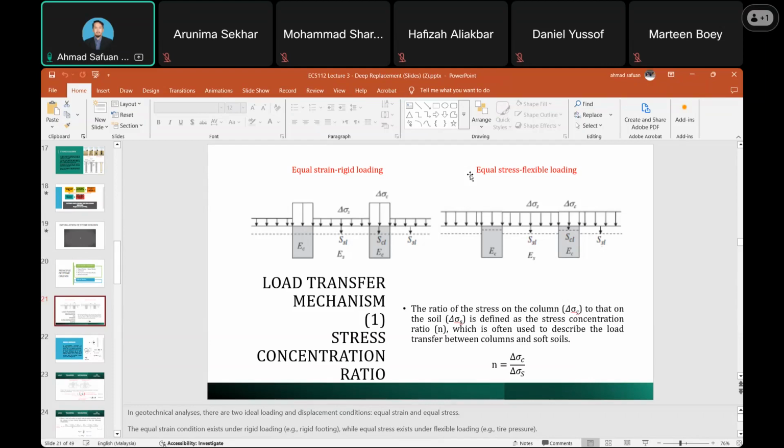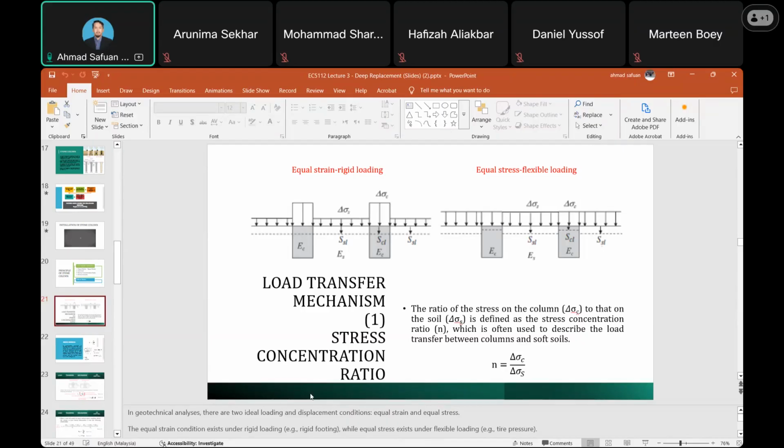So in geotechnical analysis, there are two ideal loading and displacement conditions, equal strain and equal stress. The equal strain condition exists under rigid loading, while equal stress exists under flexible loading.